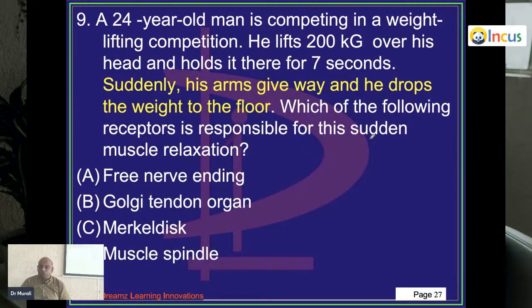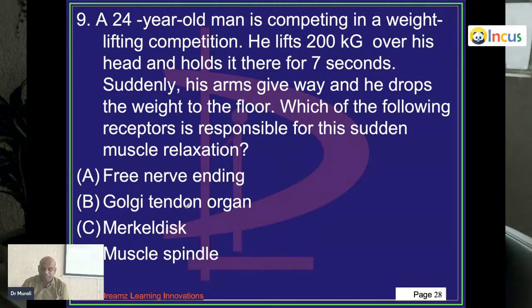A 24-year-old man lifts 200 kgs on his head and holds it for 7 seconds. Whenever you are doing weightlifting, what are those sensory receptors which lead to sudden muscle relaxation is the question of the examiner.